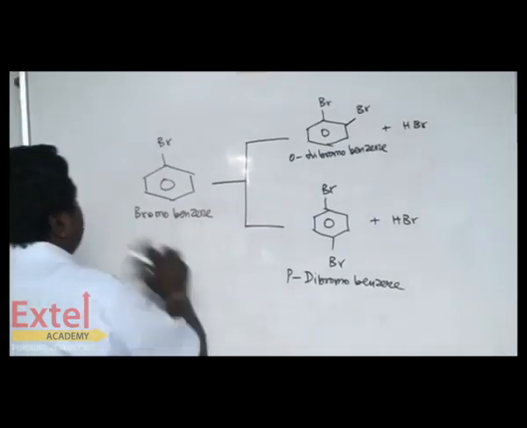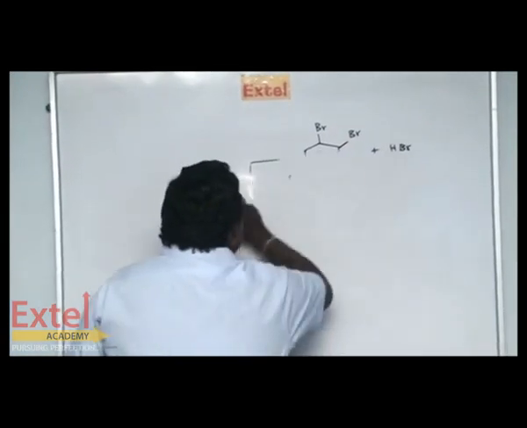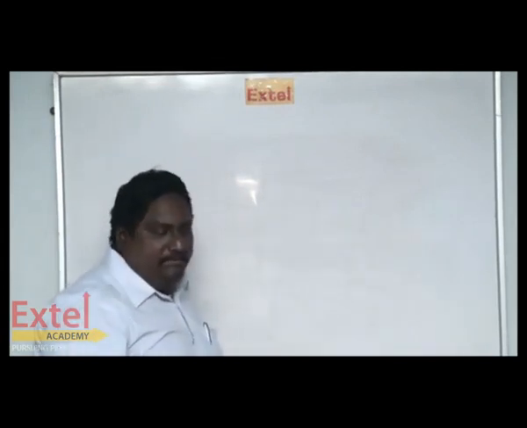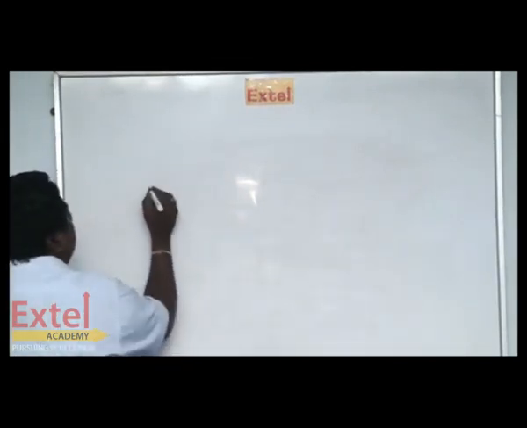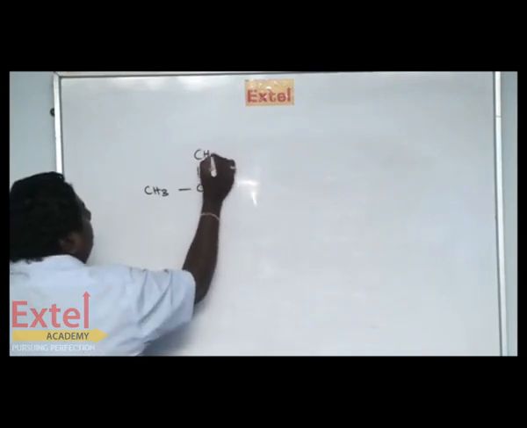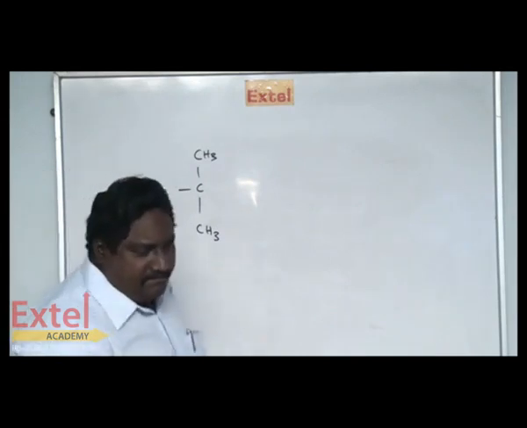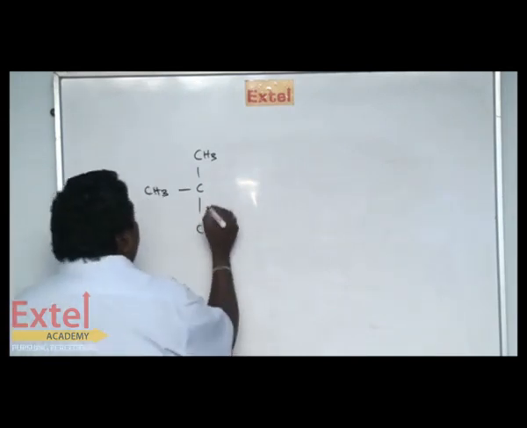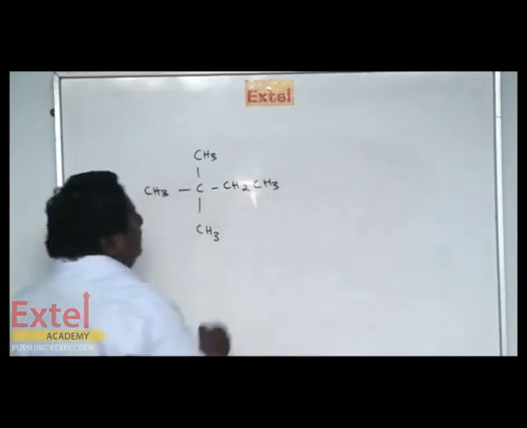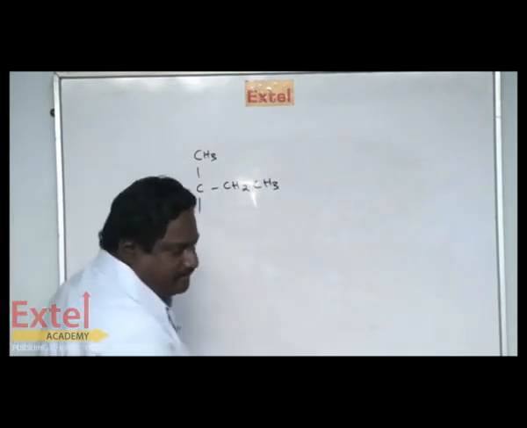Shall we see another example? This is a very powerful example for parallel reaction. Suppose one carbon is connected with 3 groups: two methyl and OH.